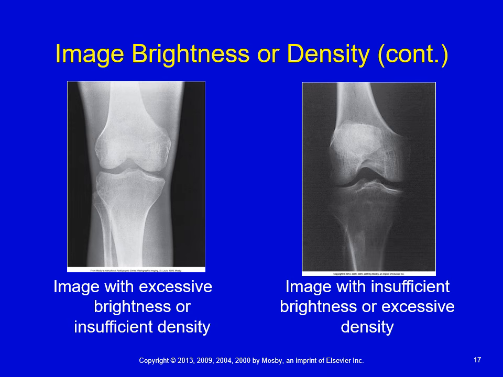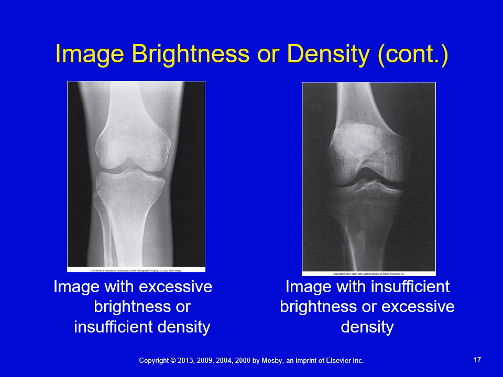On the flip side, the image on the right, trying to describe those same terms based on what you visually see, I would say that this image is too dark and it has excessive density, so too much darkness. The other term, brightness, it's not bright enough, so it has insufficient brightness.